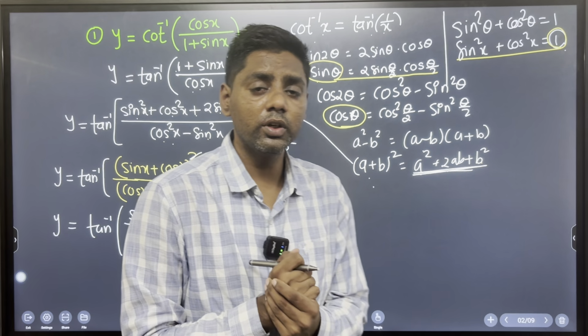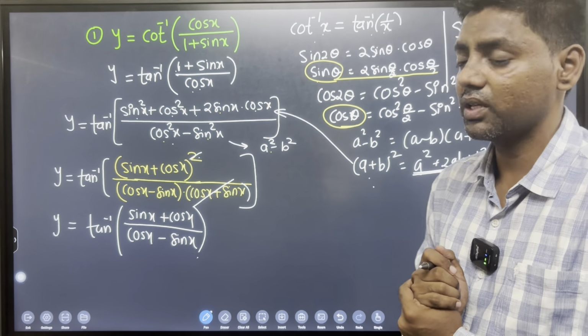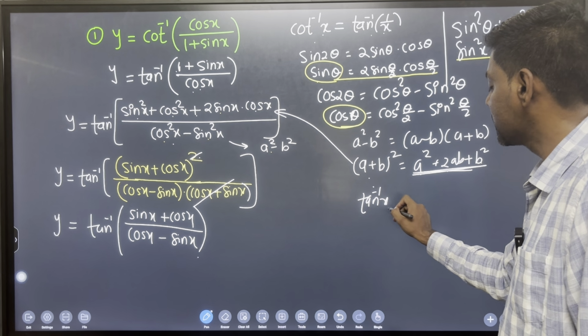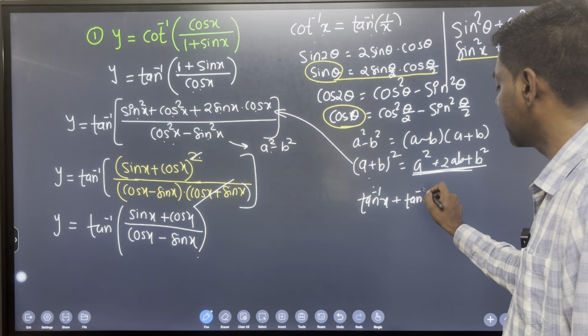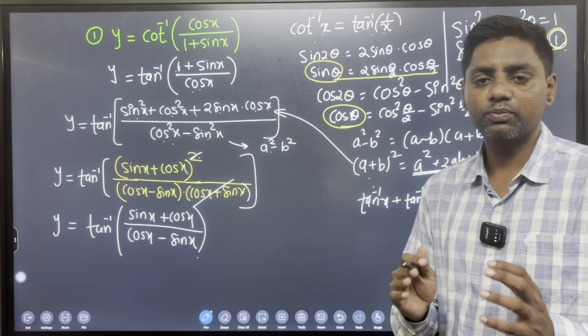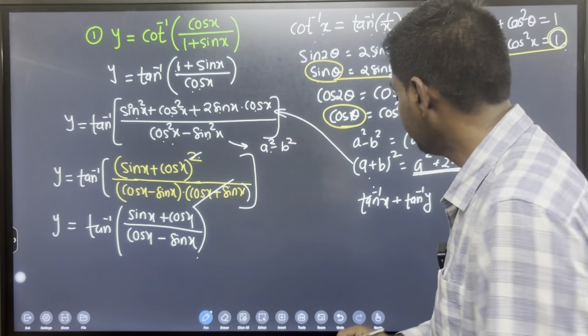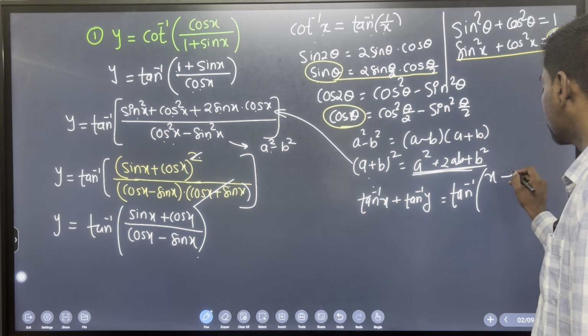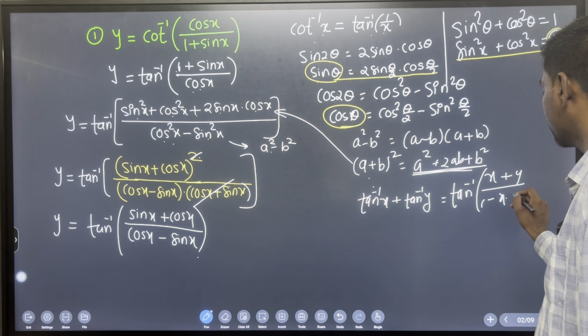Here we make the formula very simple. Remember the formula of tan inverse x plus tan inverse y. This is the property of inverse trigonometry, and the answer is tan inverse of (x plus y) divided by (1 minus x into y).